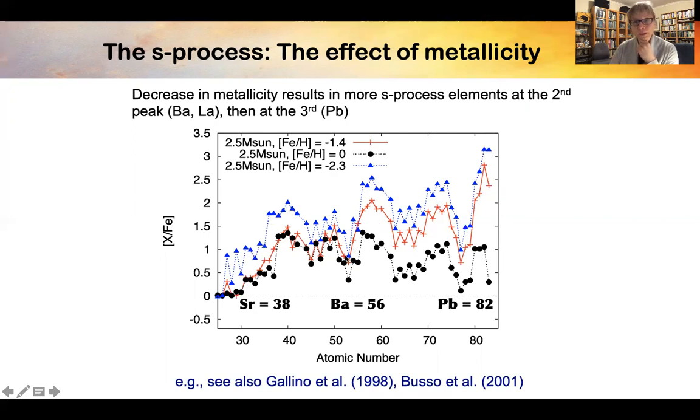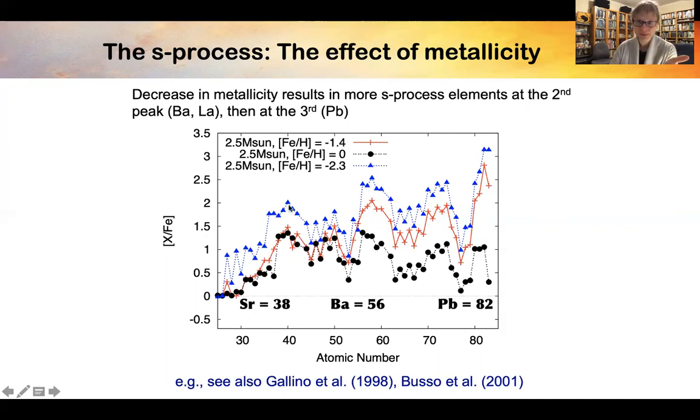Now, you notice the peaks here. For the solar distribution, we make more barium than strontium, but we make more barium than lead. By the time you get to the most metal poor example here, at -2.3, so 200 times iron deficient compared to the sun, this theoretical prediction makes much more lead than barium and much more barium than strontium.